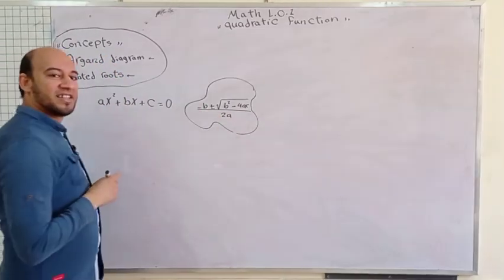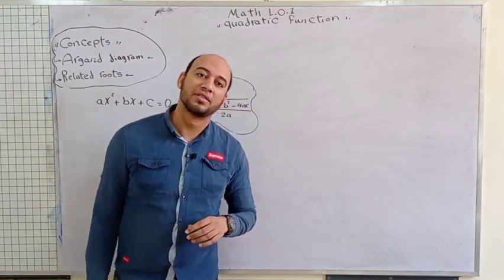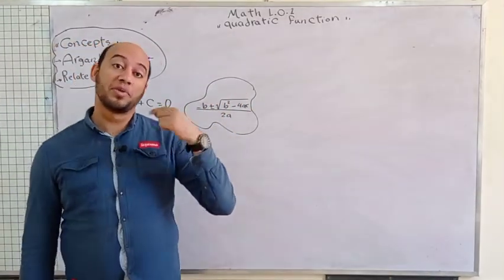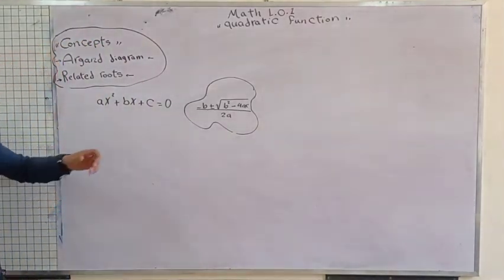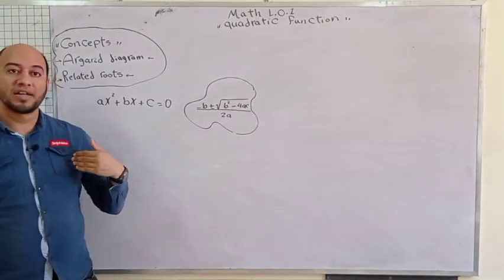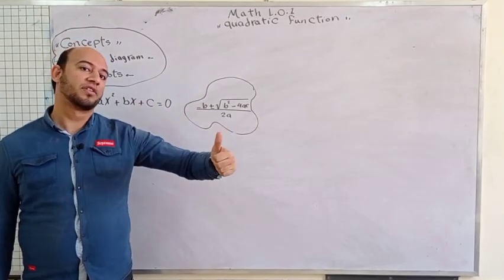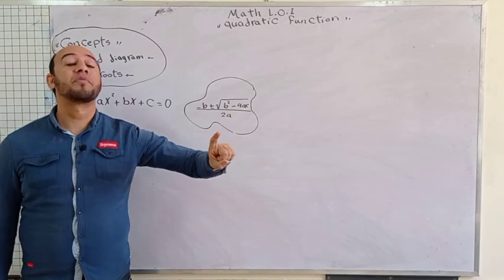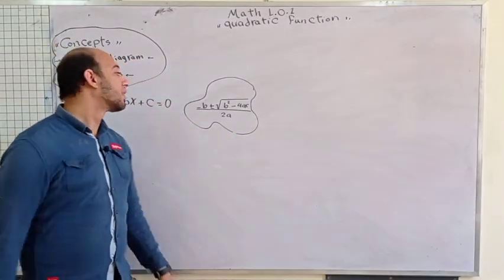By the way, the value under the square root is called the discriminant, which we explained in the previous session, and it informs us of the type of roots: two different real, two similar real, or no real roots, complex.